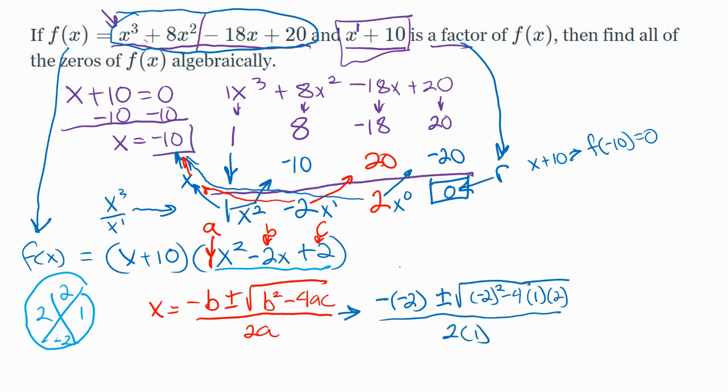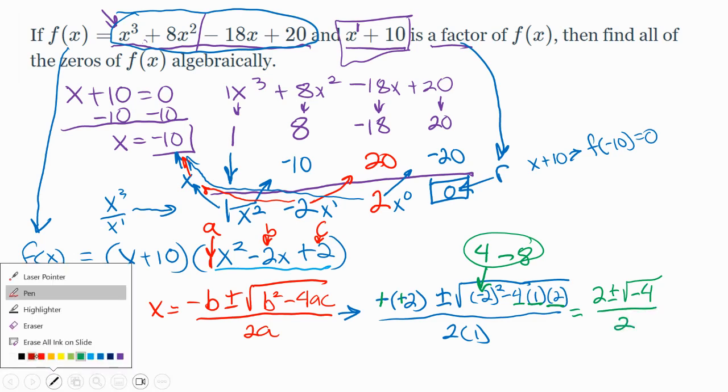And then we reduce as much as possible. So our negative negative 2 is plus 2. Negative 2 squared is going to turn into a positive 4 minus 4 times 1 times 2 all together. 4 times 2 is 8, so it's really 4 minus 8. So let's rewrite the top. This is positive 2 plus or minus the square root of 4 minus 8, which is negative 4, all over 2.